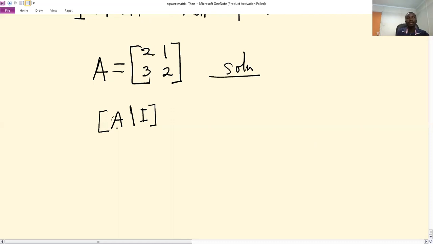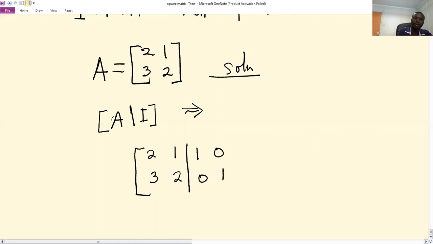If A is 3 by 3, this will be 3 by 3. If A is 4 by 4, this will also be 4 by 4. So we'll have the matrix 2, 1, 3, 2, separated by a line from the identity matrix of order 2, which is 1, 0, 0, 1.